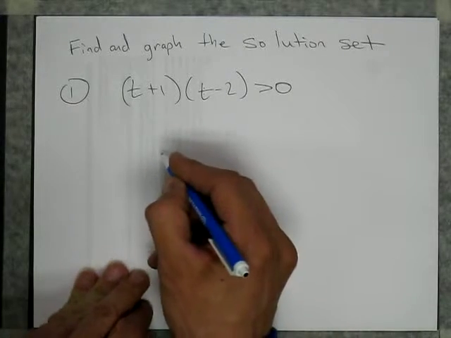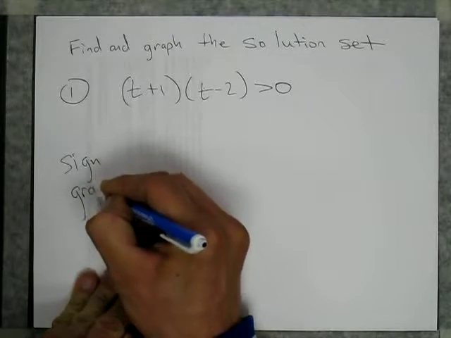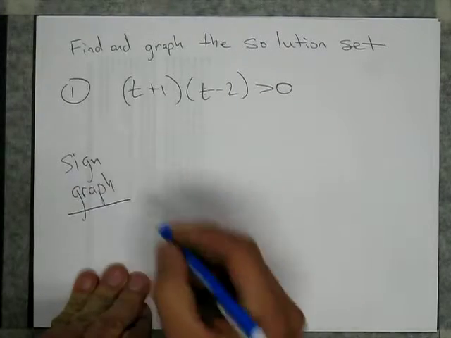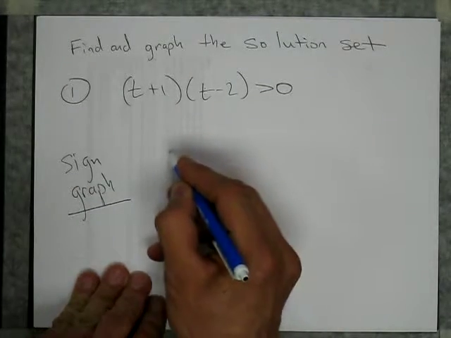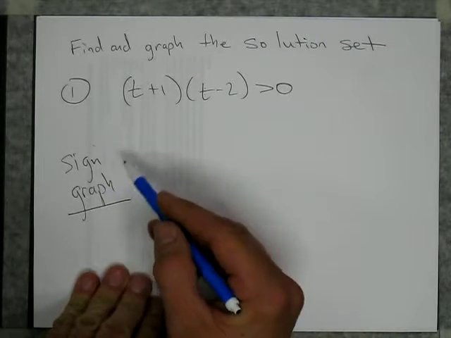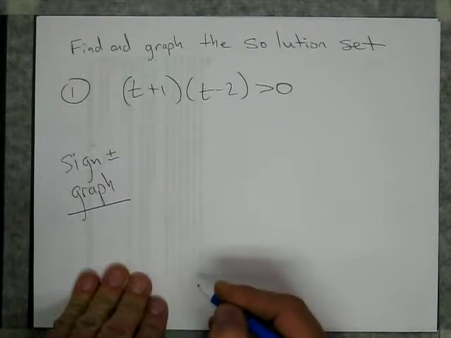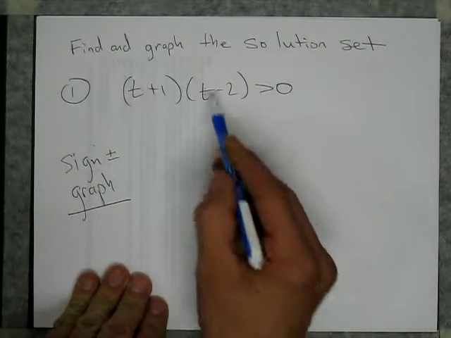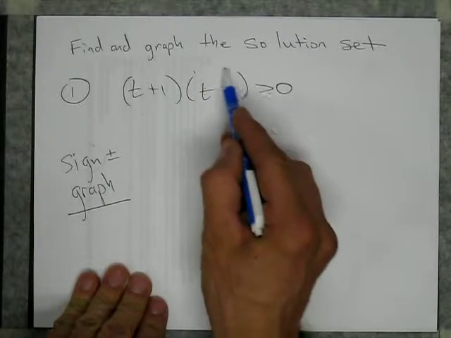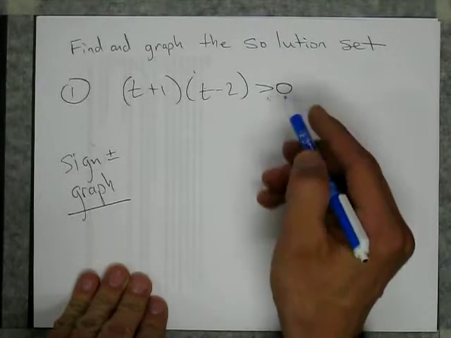Now the key with this is we're going to create a sign graph. Now the sign graph is because we're wondering about the positive and negative aspect of it. Sign meaning is it positive or is it negative? That's what we mean by a sign graph, positive or negative. So when we look at this inequality here, the key is we want everything on the left side to be greater than 0.